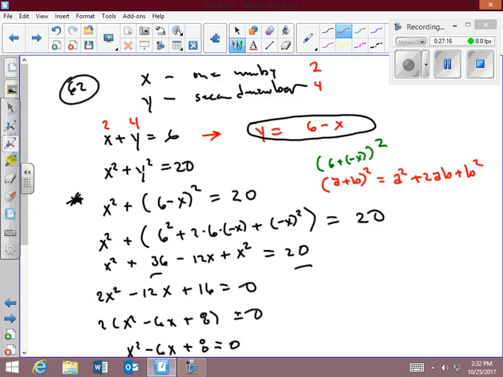So that's 4. If you say x is 4, and you put 4 in this problem, what's y got to be? 2, right? One number is 4 and the other number is 2. Call it x, call it y, call it what you want, right? 2 and 4 are the answers to the problem.